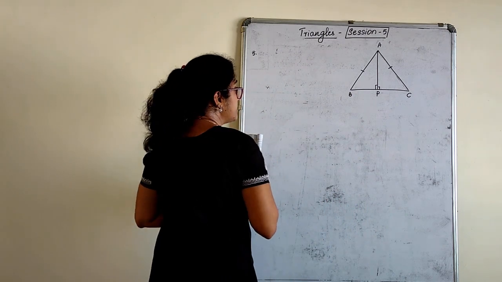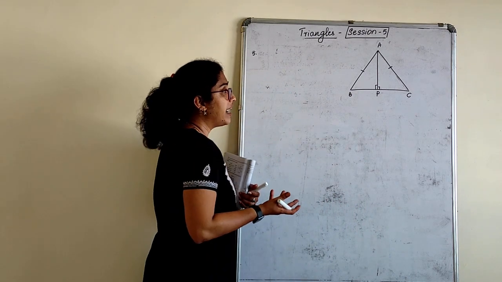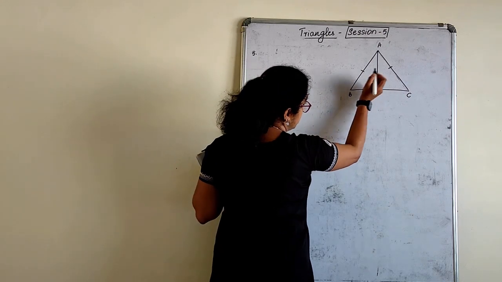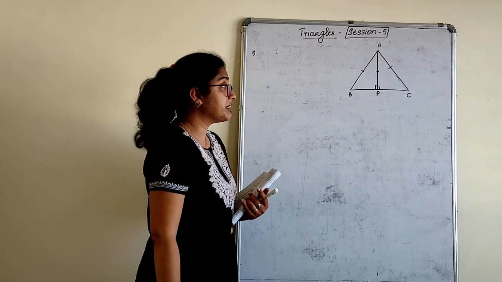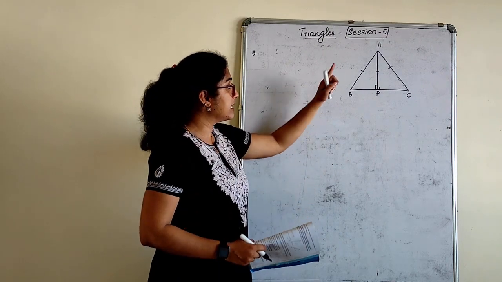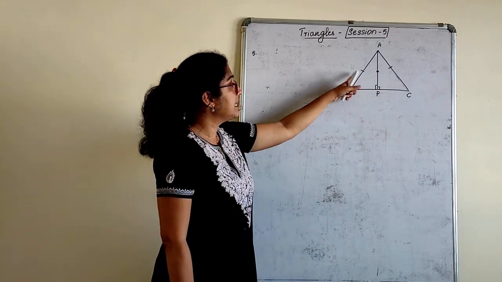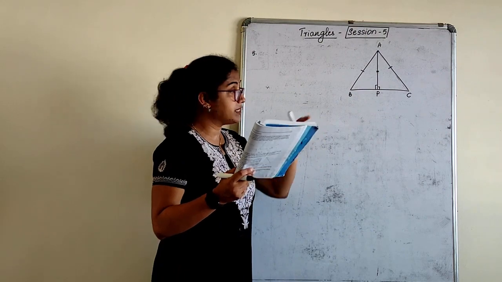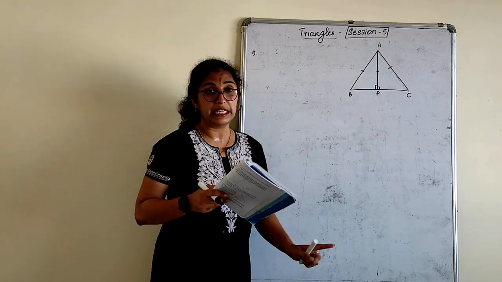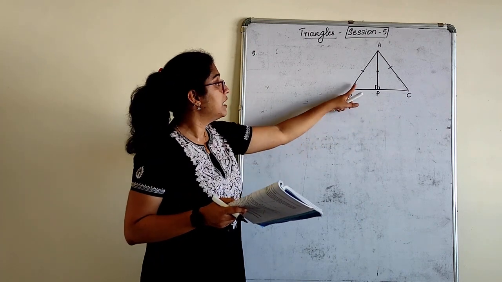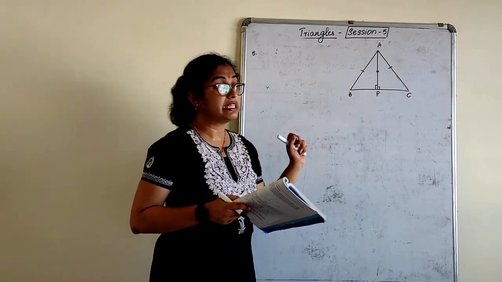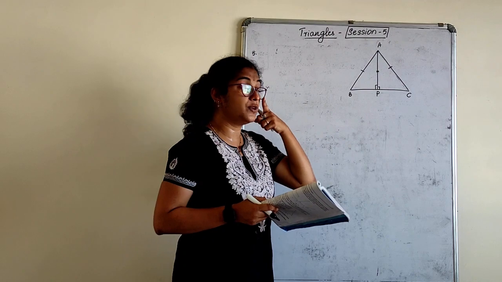Show that angle B is equal to angle C. RHS: 90 degree, hypotenuse and a common side. Which postulate? I think you can take this for a homework. In triangle ABC, in isosceles triangle ABC, AB is equal to AC, given. AP is perpendicular to BC. To prove angle B is equal to angle C, choose these two triangles for congruency.